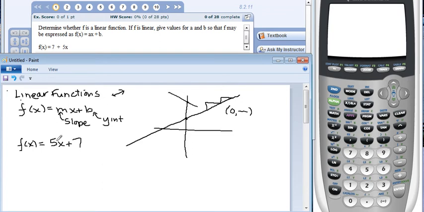So here we can see that the 5 is the slope. The y-intercept is at (0, 7). What we're looking for on our variable x here is that, number one, it has a power of 1 on it. There's no power written on there, but you know that if there is no power, it's really a 1.